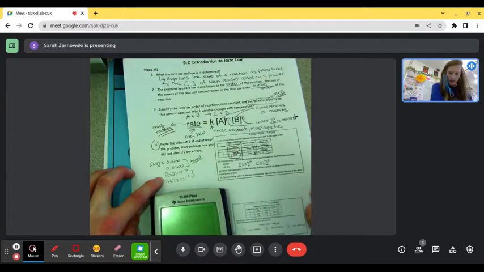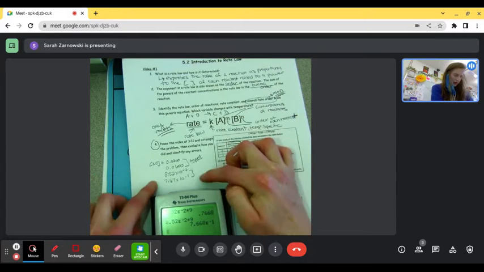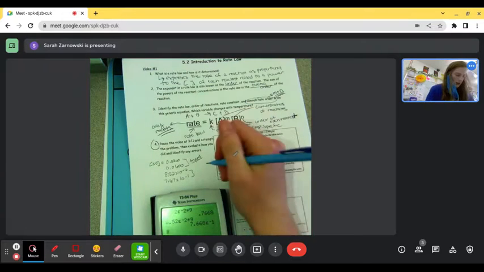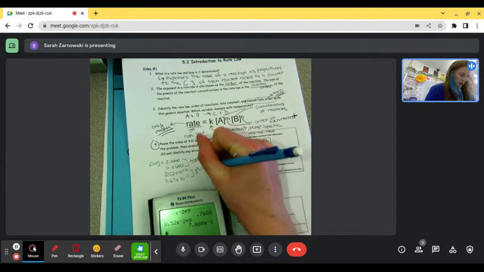Because 3 squared is 9. It gives me that number. If you put it in scientific notation, it's very, very close to that, right? If you round. So this was 3 squared, which was 9.